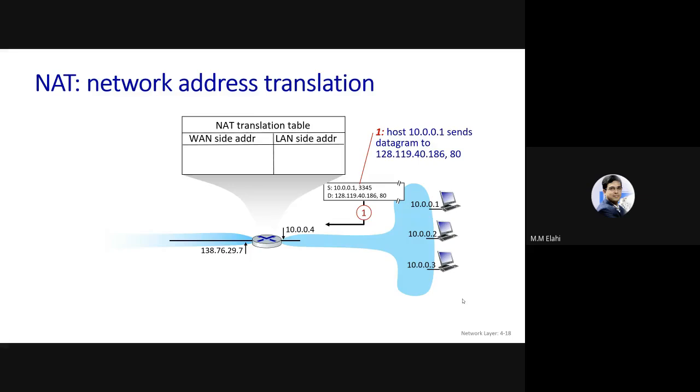You can see in the packet, source 10.0.0.1, and there is a port number. Whenever a packet is generated, it is generated from a segment, so definitely there is a source port number and a destination port number. So you can see the source IP is 10.0.0.1, the source port number is 3345, and the destination IP is 128.119.40.186, the public server, with destination port number 80.